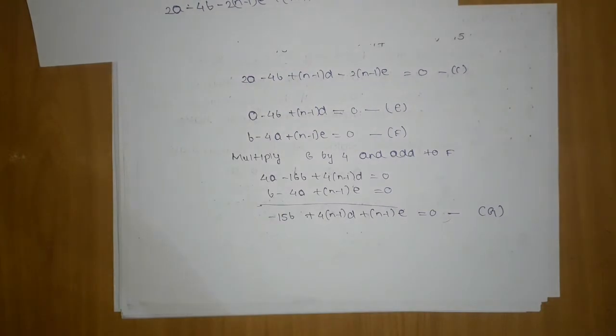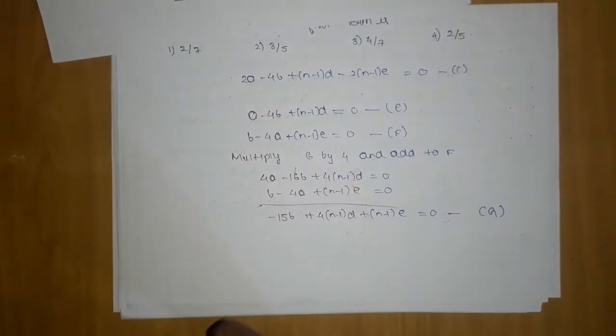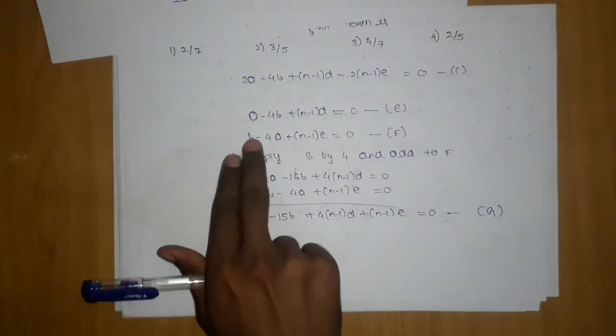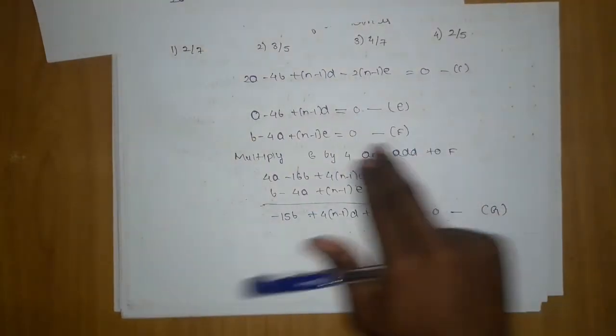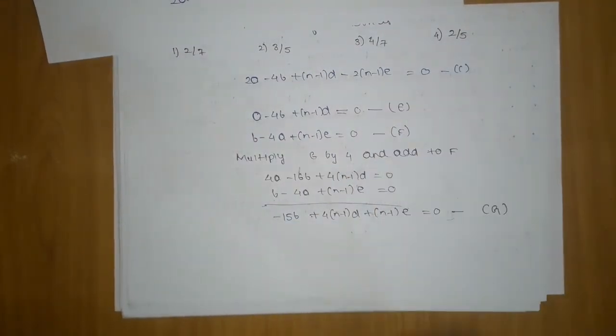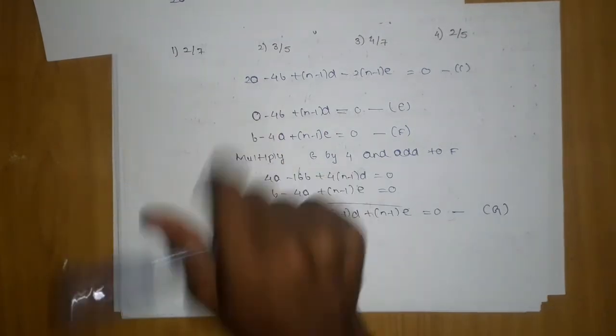Now this equation has only b, but this equation has a also, so can we eliminate a from this equation? Yes, we can eliminate it if I multiply the f equation by 4 and add on, the b will cancel out. I want to eliminate a, so that b will be left.